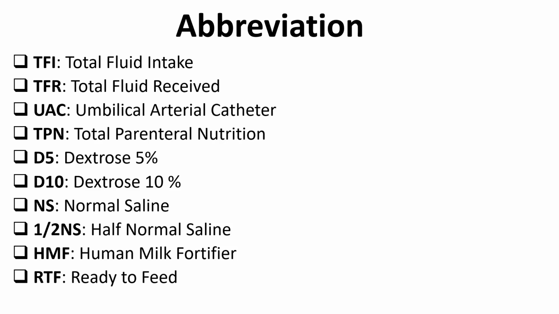So this total fluid intake is the order that is given in the morning. I will say the total fluid intake to the baby is, let's say, 160 or 165 ml per kg per day.